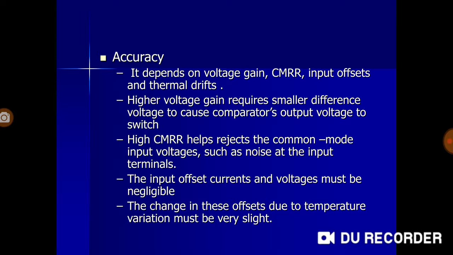Because if temperature increases and correspondingly the offset also increases, in that case it has positive or negative values, and obviously it is drifting away from the exact values. So this sums up the second characteristic, that is accuracy.